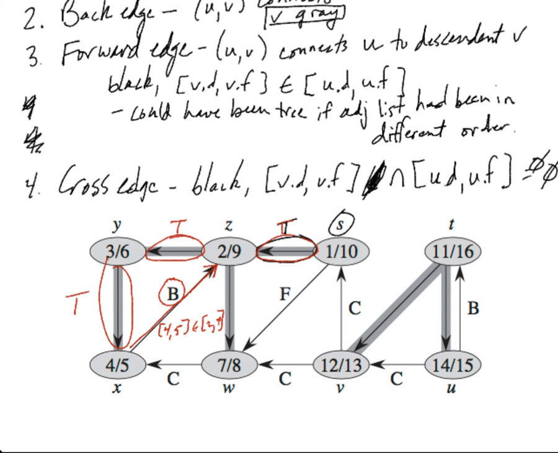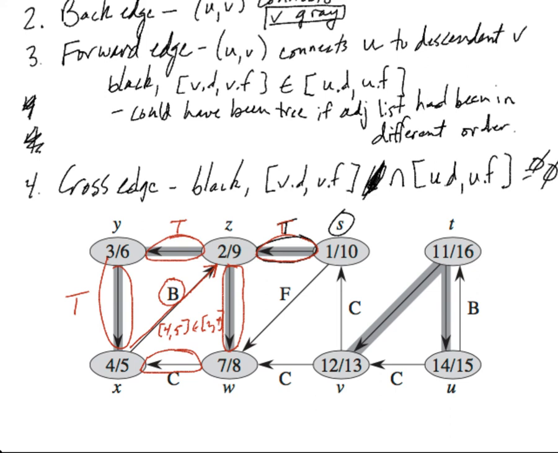Then we come out of the recursion back to Z, and we visit this edge, and it's white because W has not been visited. Then we look at this edge. Okay, so we have W, that's 7, 8. We have X is 4, 5. X has been processed, it's black.